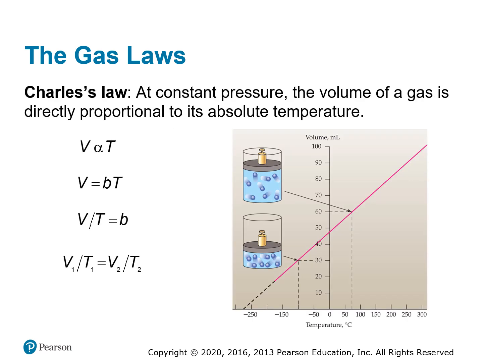Now, another very important law is Charles' law, and it says that at constant pressure, now you're studying the relationship between volume and temperature, and we see that it is a direct proportionality. The greater the temperature, the greater the volume.